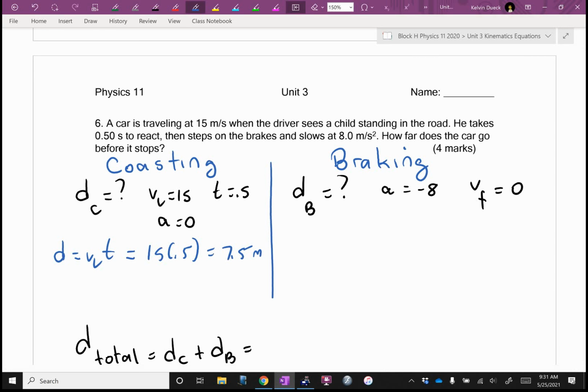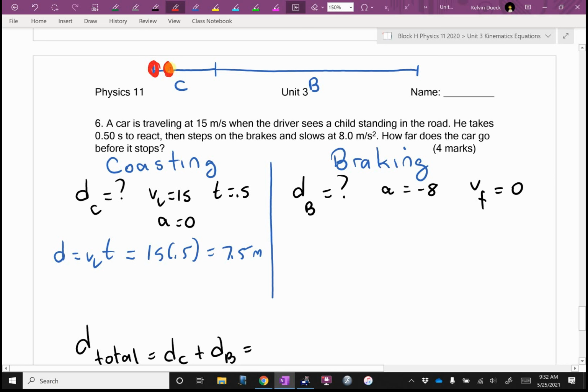Now they slam on the brakes. They're decelerating at almost 1 G. Oh, I only know 2 things. I need 3 things. Who remembers what was our aha moment for this one? If you're braking, your initial velocity is going... How fast are we traveling right here? 15 meters per second.